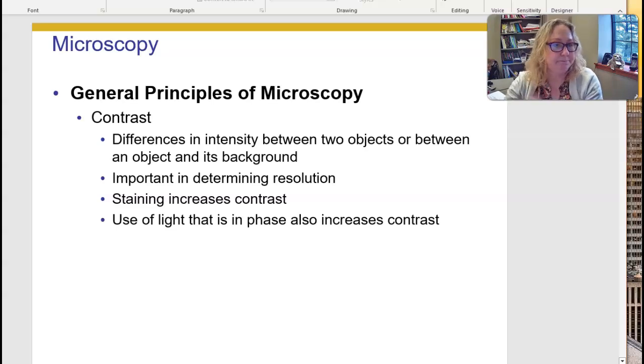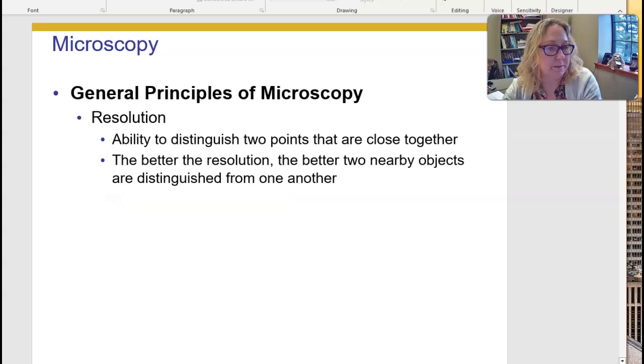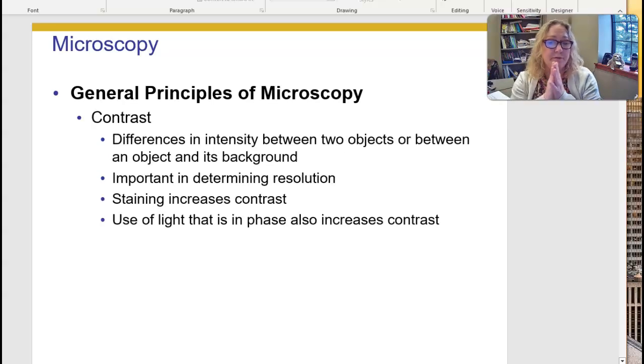Okay, contrast. So we talked about resolution. A higher resolution is like a better picture, a sharper picture. You can distinguish things. Contrast is the difference in intensity between the 2 objects or between an object and its background, right? So if you play with your camera, you can blur the background or not. That's contrast. How much does it differ from the background?